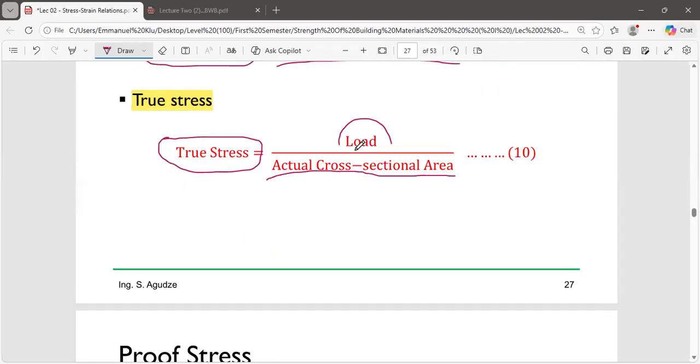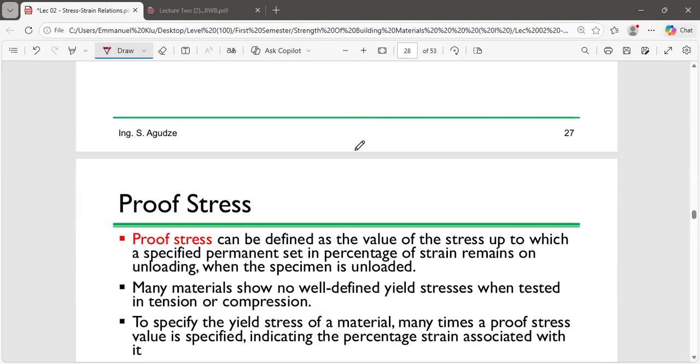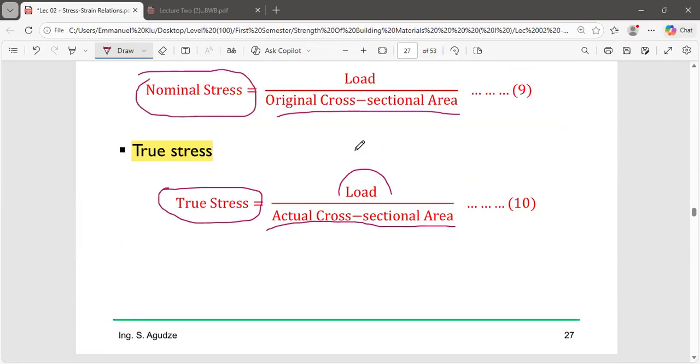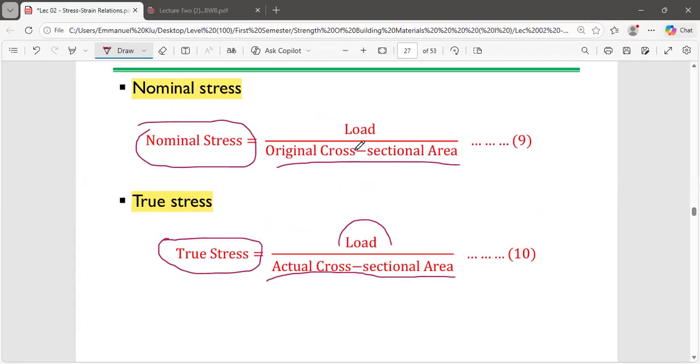So I want to say, can we say change in cross-sectional area, load over change in cross-sectional area, or are we maintaining the actual cross-sectional area? No. Since that is the change that was applied after the fracture, we have to use the right terms. If you don't use the right terms, you find yourself in trouble.